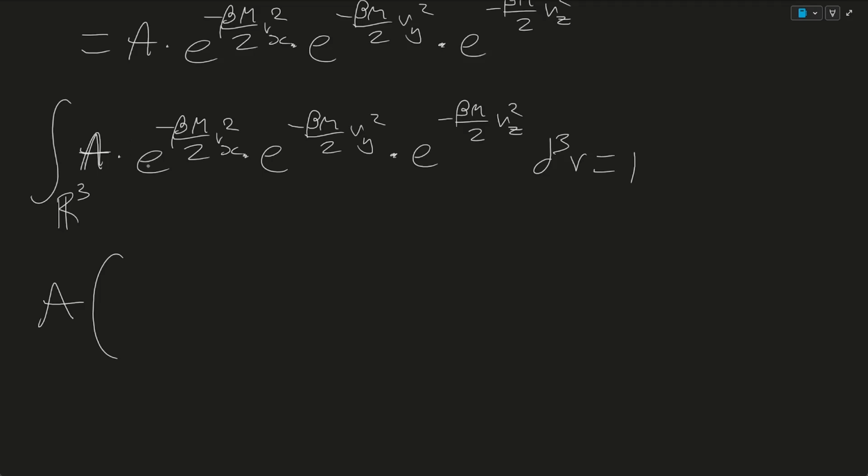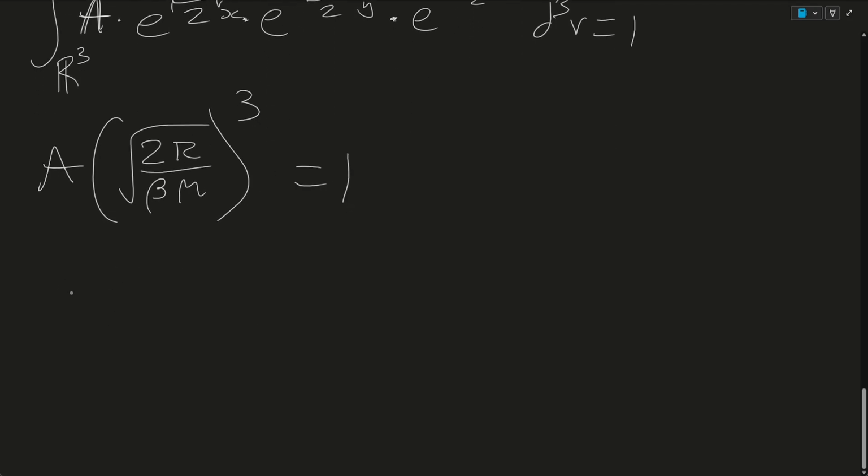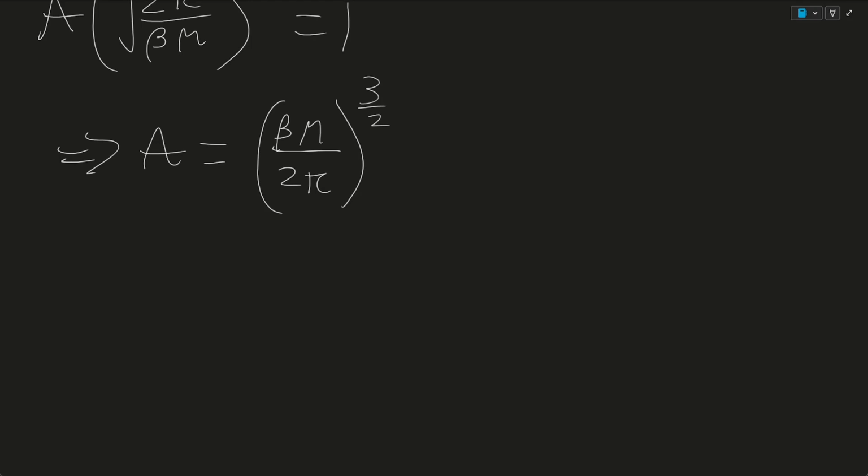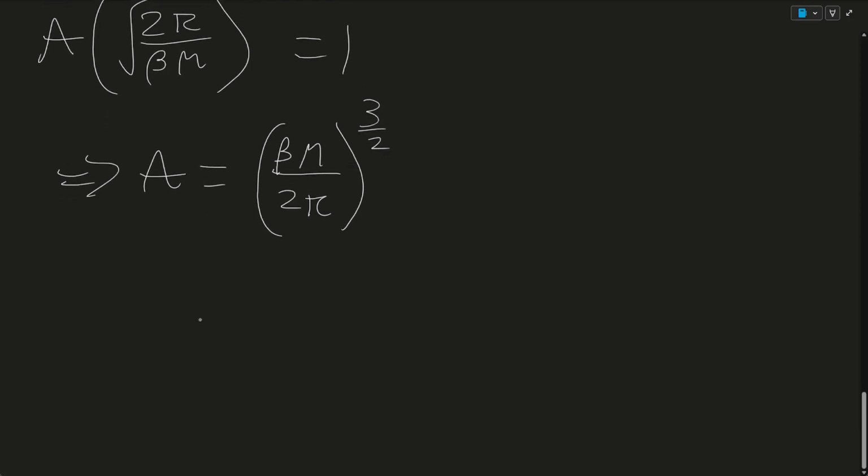So you're going to have the product of 2 pi over beta m, so that's cubed, that equals 1, therefore A is beta m over 2 pi to the 3 over 2. I'll reuse that because it's an easy way to write it. So now we have A, which is great.